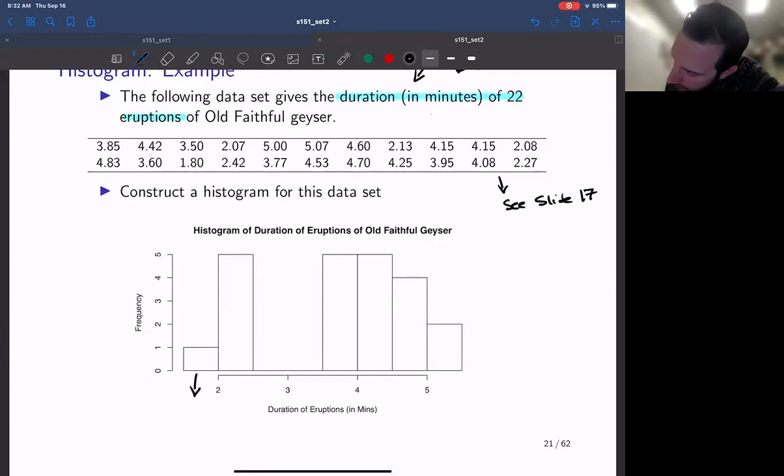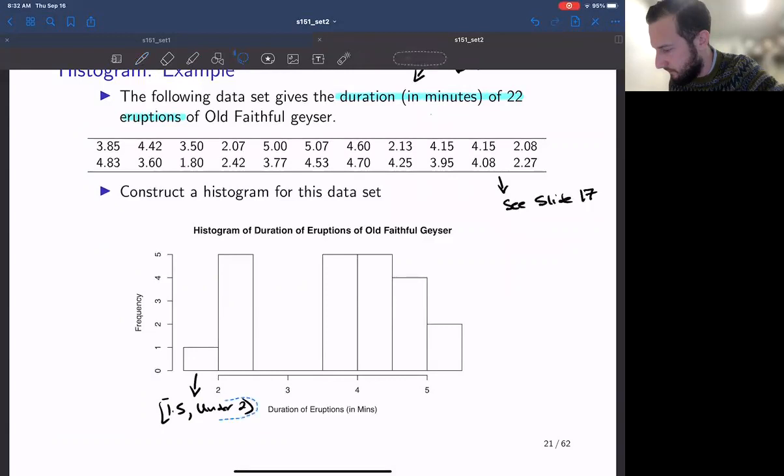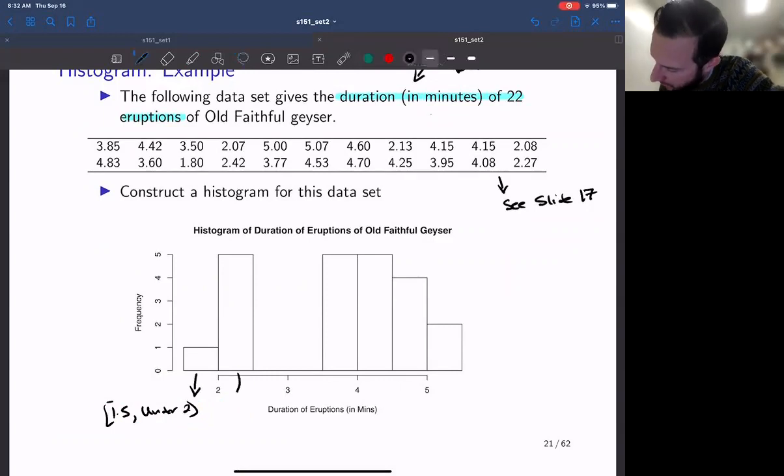So for example, here, this would be the bin that corresponds to 1.5 to under 2. Okay. And then this would be the bin that runs from 2 to under 2.5. And then we have these two middle bins here that don't have any values. That's because no objects fell into the class.